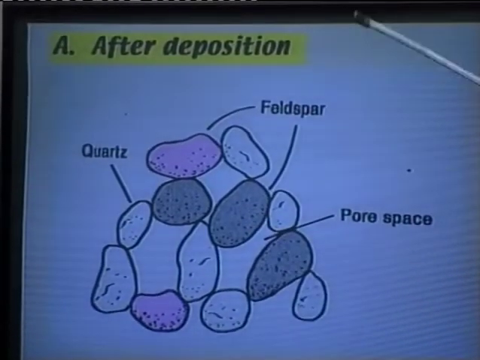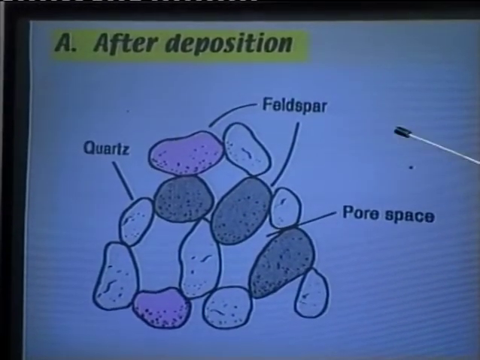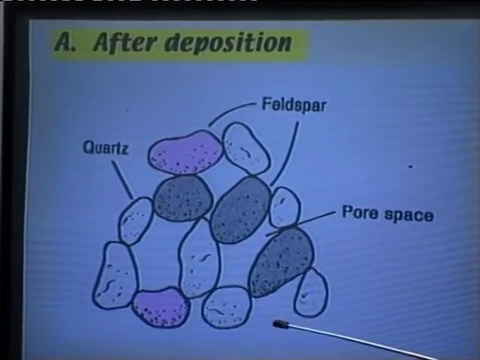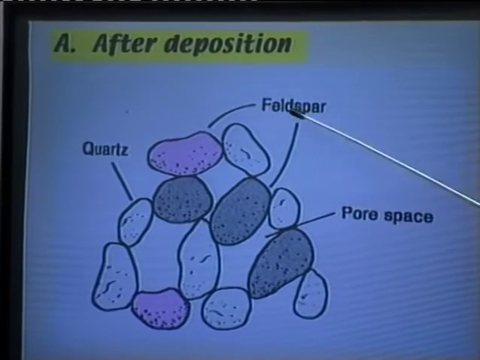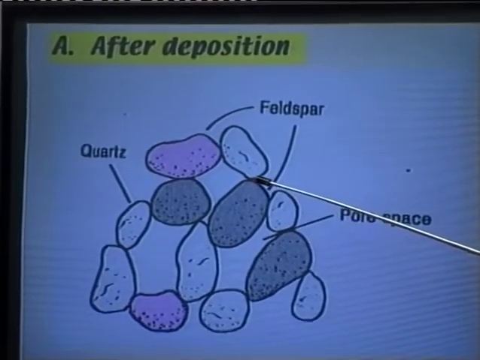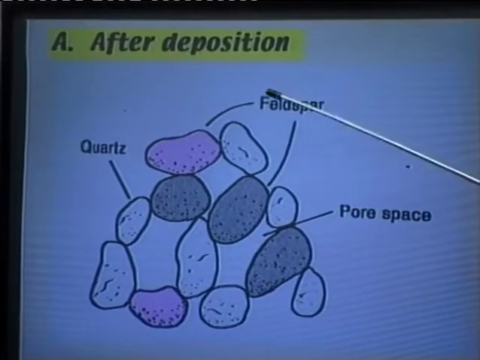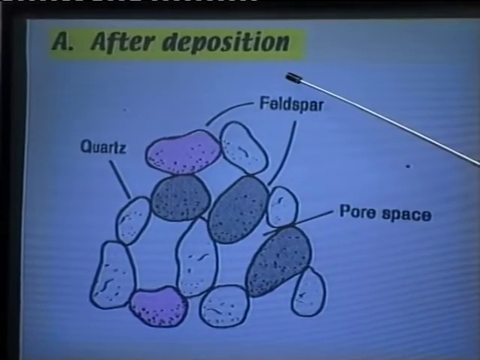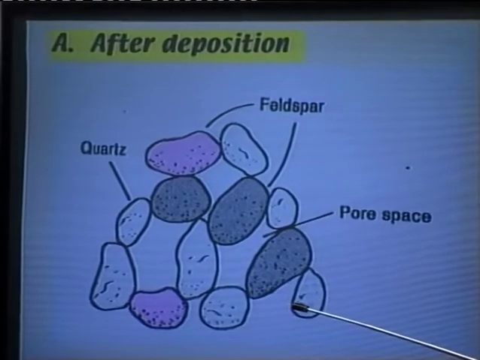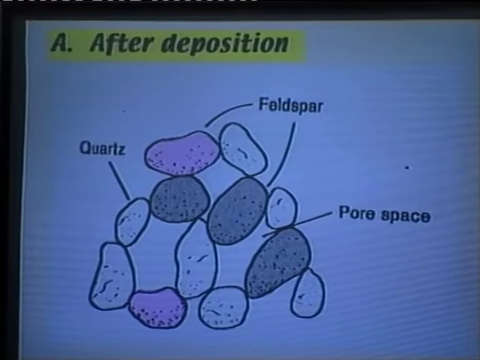But note, when those sediments are deposited, note the pore space in between the sediments. This is not a compact rock to be called a sedimentary rock yet. This is only the first stage when all those sediments are deposited. So you can note the pore space is wider or bigger between those different sediments.